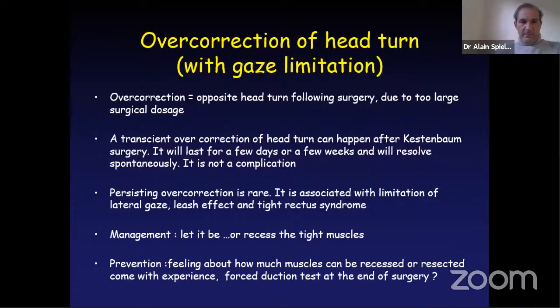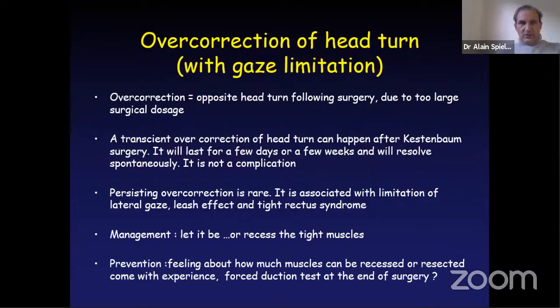It's not a problem. The prevention to avoid such overcorrection comes with experience. The feeling, as a surgeon, about how much muscles can be recessed or resected comes with experience. I don't believe that the force reduction test at the end of surgery could help to know if we will get overcorrection.